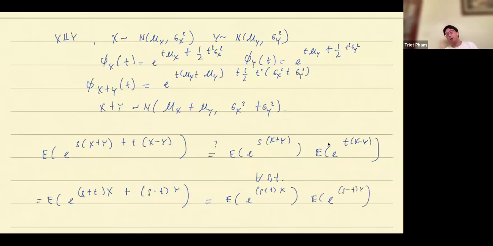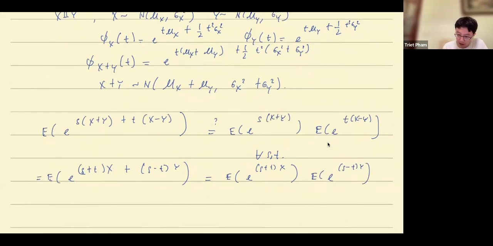Okay. And now we will plug in what this is for the X. So that's going to be e to the (s plus t) times mu plus 1/2 (s plus t) squared times sigma squared.